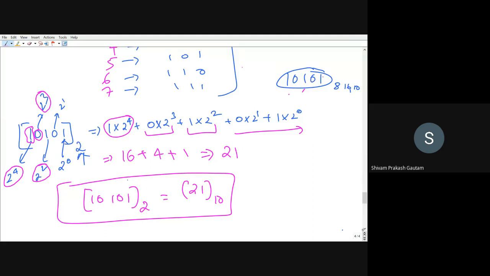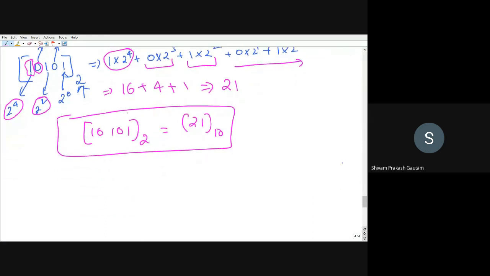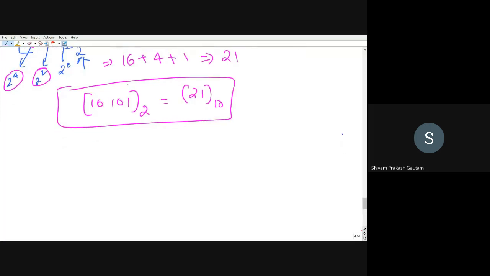Now, if there is a fractional representation in binary, how can we represent that in decimal? We will see. Suppose we are having 11011.101. This is having base 2, and you have to convert it into a decimal.